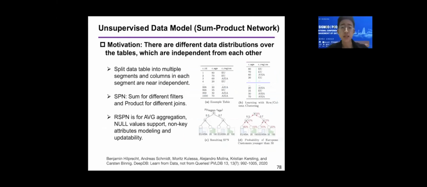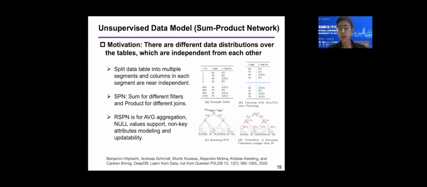There are also some sum-product network-based methods. They mainly aim to solve the problem that some data in the tables may have different distributions and be independent from each other. In this method, they first split the data table into multiple segments based on independence relations, and the columns in each segment are nearly independent.